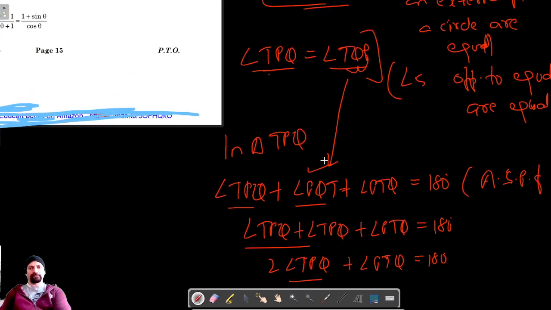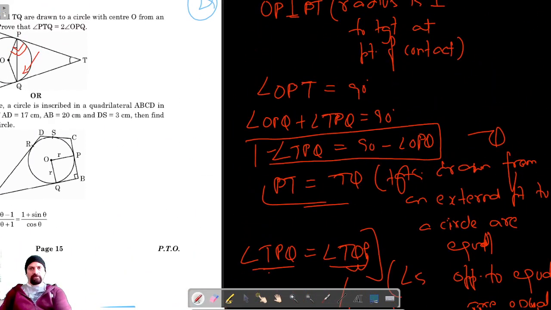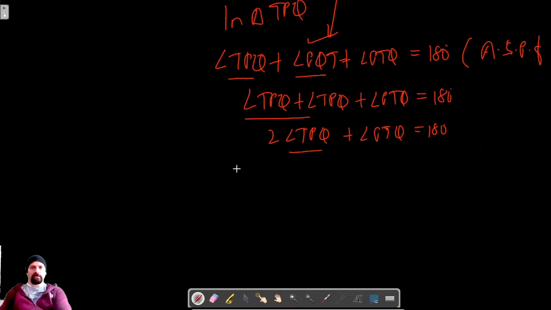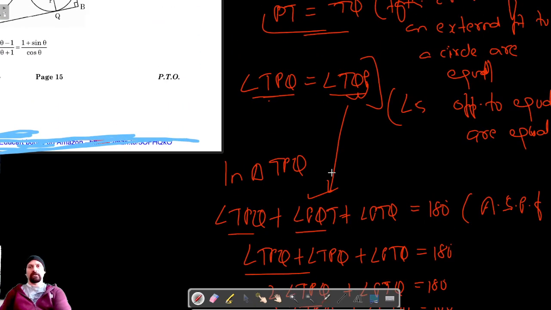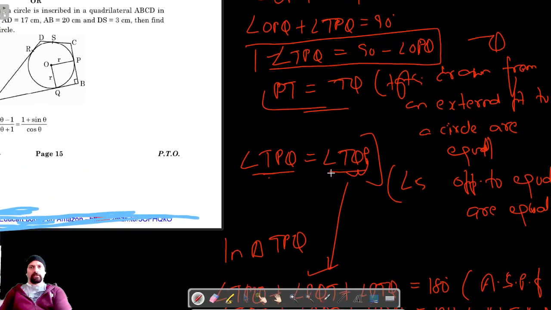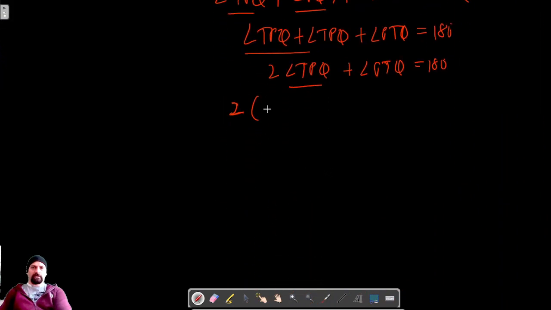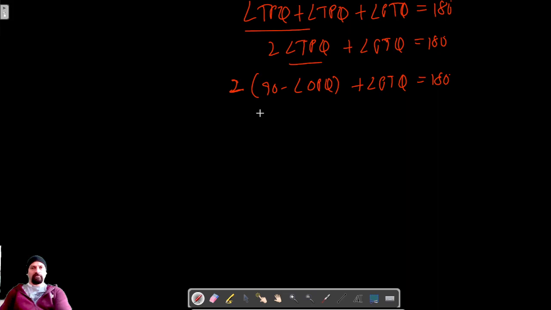Now we have angle TPQ is equal to 90 minus OPQ from equation 1. So I can write 2 times 90 minus angle OPQ plus angle PTQ is equal to 180 degrees. If I open up the bracket, this is 180 minus 2 times angle OPQ plus angle PTQ is equal to 180.